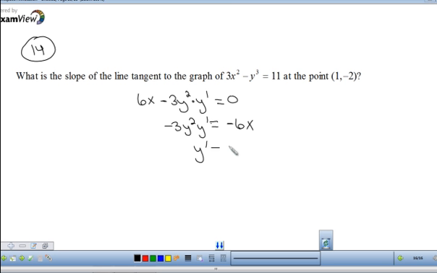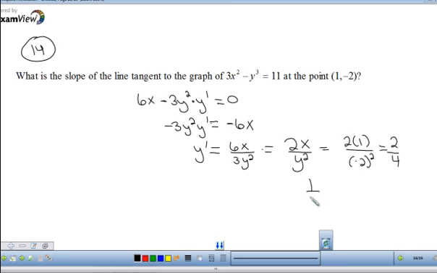So y prime is going to be 6x over 3y squared, or 2x over y squared. So as we substitute my x and y value, I'm going to have 2 over 4 or 1/2.